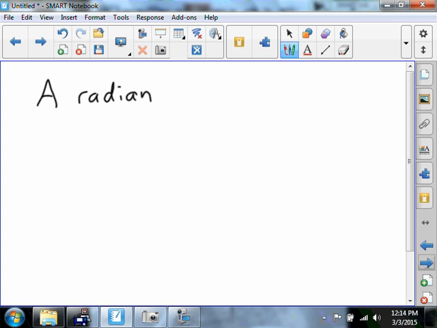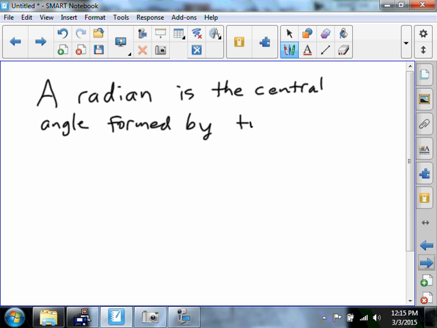A radian is the central angle formed by two radii. That's a weird word. Radii, that's the pluralization of radius.